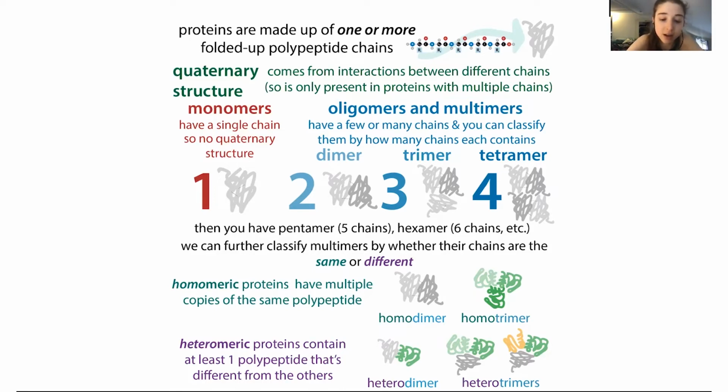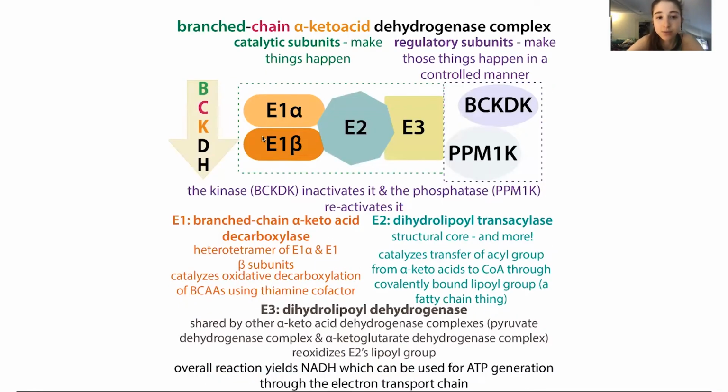In the case of this first enzyme, E1, the branched chain alpha keto acid decarboxylase, it's going to be a heterotetramer. So basically 4 chains, and they're not all the same. It's going to have 2 copies of E1 alpha and 2 copies of E1 beta subunits.